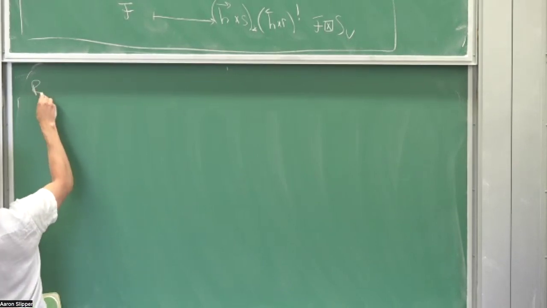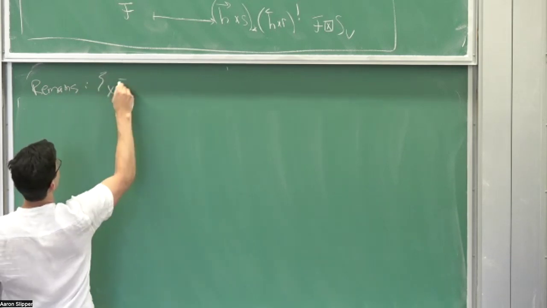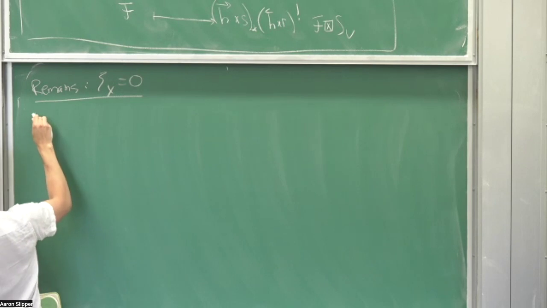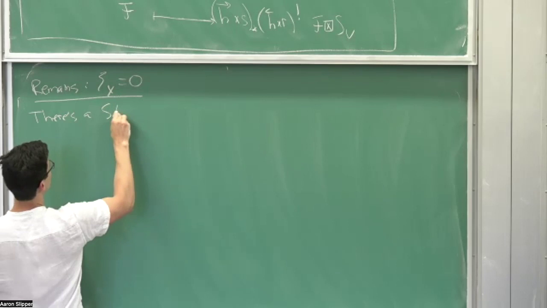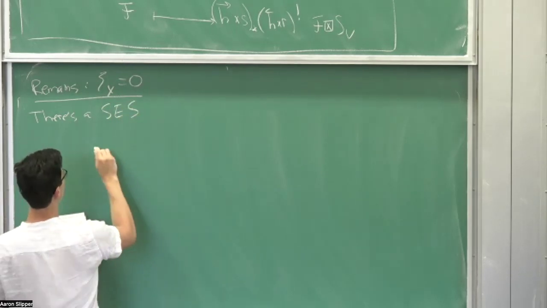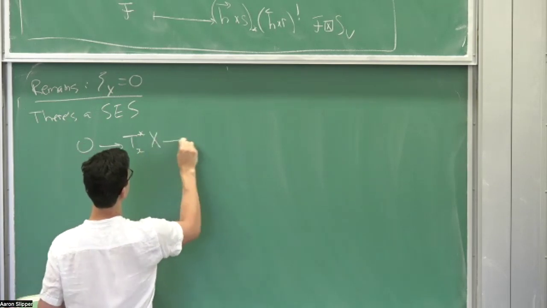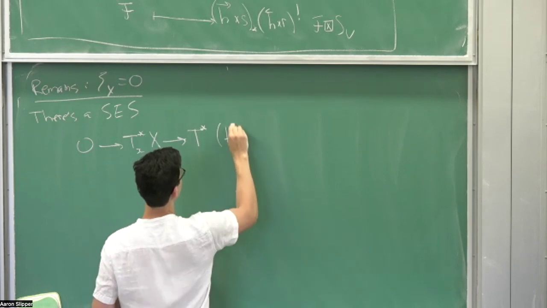So it remains to show psi x equals 0. So there's a short exact sequence. We have the cotangent space of the curve to the cotangent space of the Hecke stack.